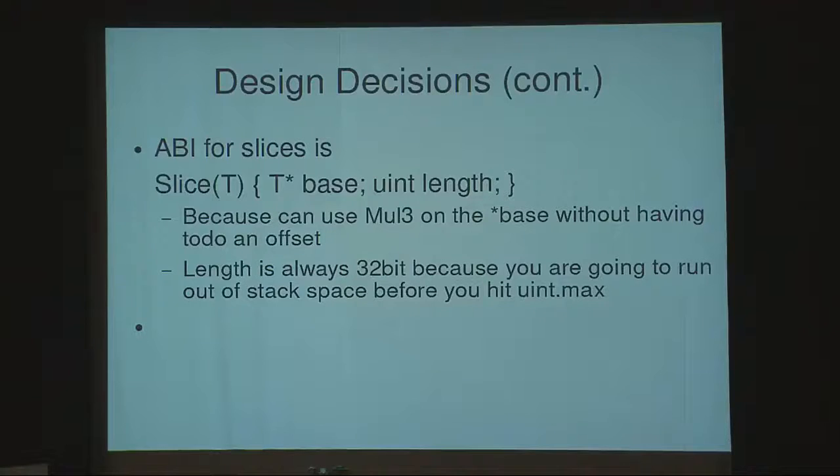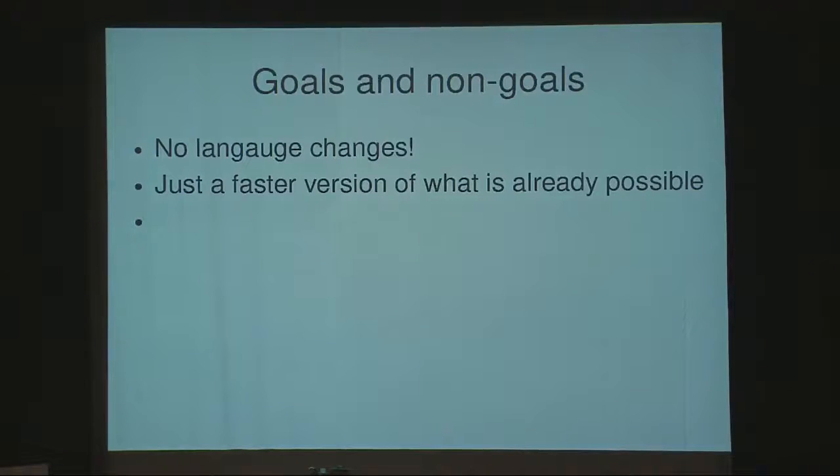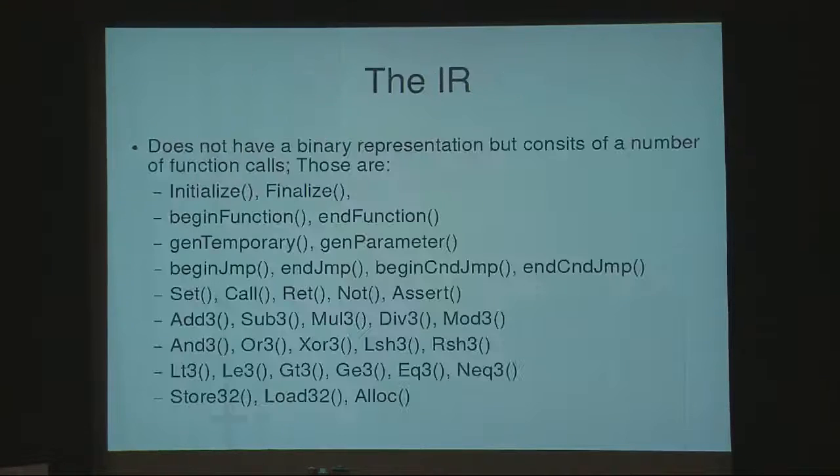Okay. The API for slices, we store the base first, because then we have less addressing computations to do. DIR. Okay. DIR, this is all the IR is. If you implement all those function calls, you have your own new CTFE backend. That's all you need.